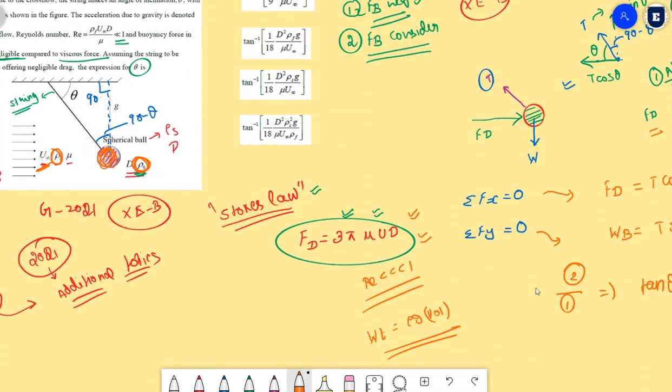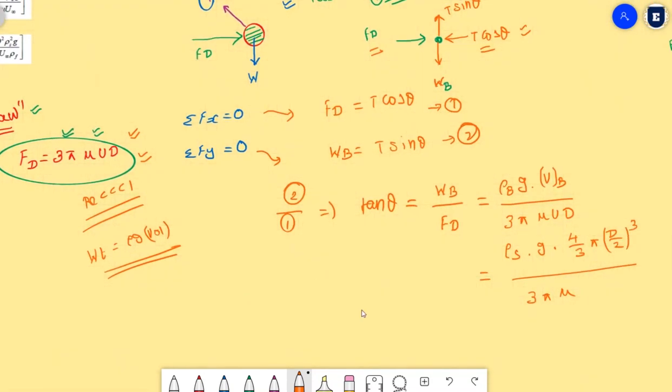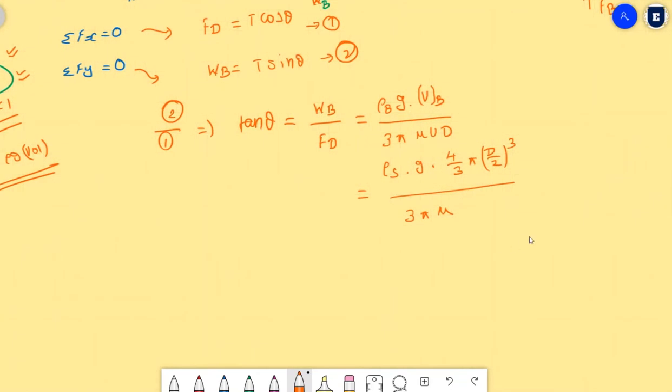So let us take u as u infinity. And d will remain d only. So finally, rho s g into 4 by 3 into pi into d cube, and this will be 2 cube, that is 8, into 1 by all these terms, 3 pi mu u infinity into d.